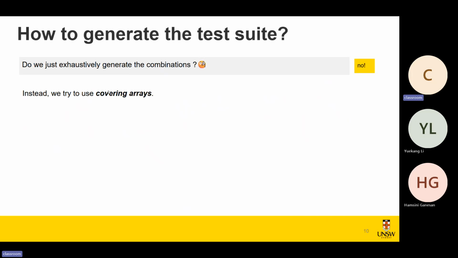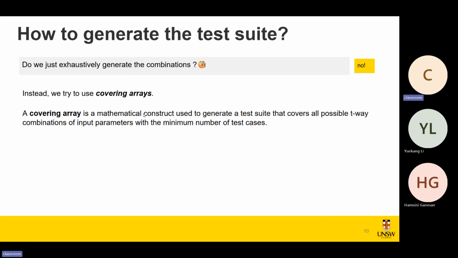Instead, we try to use a concept called covering arrays. A covering array is a mathematical structure to keep some information.